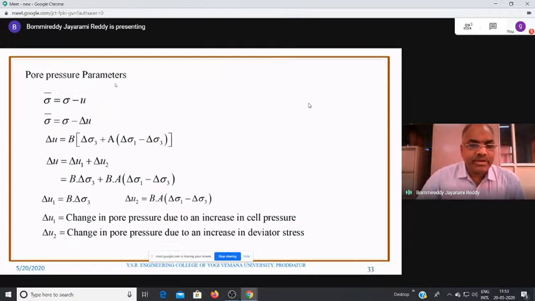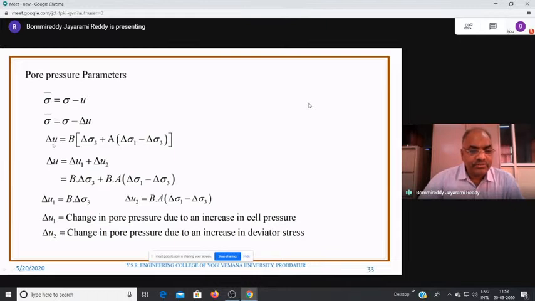Then pore pressure parameters. Already you have seen that this type of parameters are required in case of consolidation of soils and also in the triaxial test setup. You know, sigma bar means effective stress equal to total stress minus pore water stress, or otherwise you can also write delta U. Delta U means change in the pore water pressure.